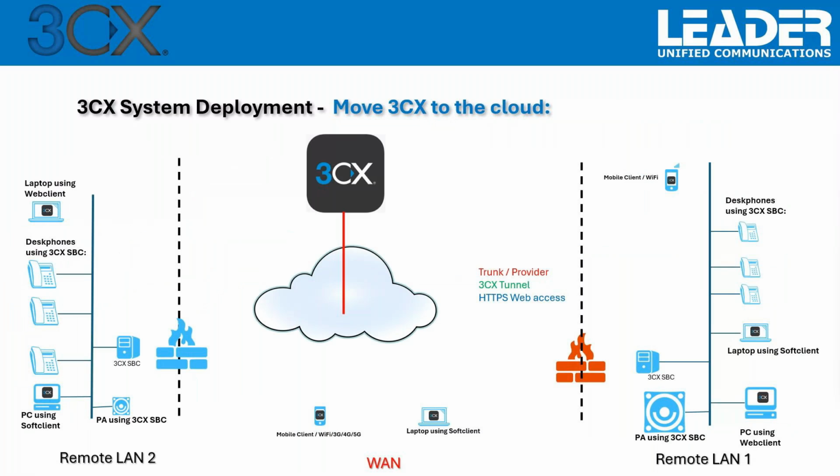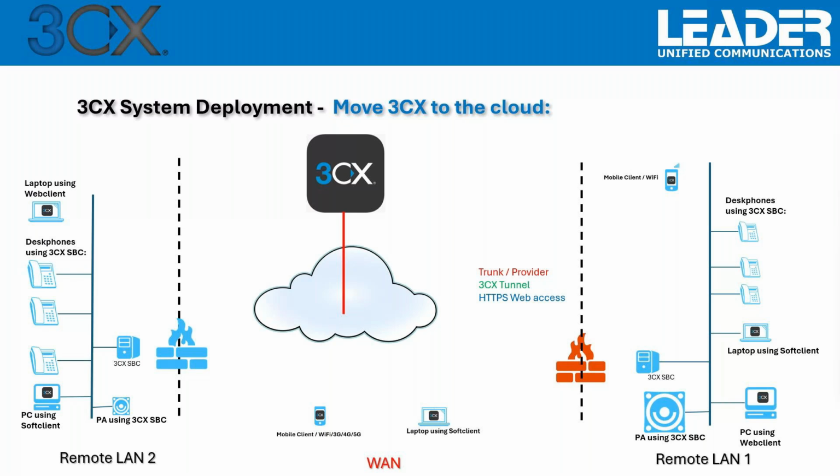Now we realize, okay, we come a little bit to the bandwidth limitation on the Melbourne office. We probably better move the 3CX to the cloud. We spin up a virtual machine, either in Azure or AWS or whatever else, and we use the same backup of the system and deploy that in the cloud.